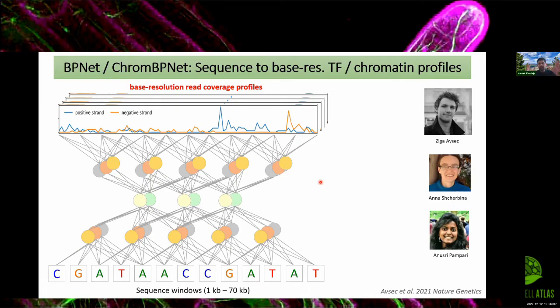Rather than summarizing the quantitative information from read coverage profiles in windows, say 100 base pair windows where you just count the number of reads, we decided to model the data at single base pair resolution. Why? Because the resolution of the assays has improved over time. For example, ChIP-exo gives you these beautiful base resolution footprints, as I'll show you in a few slides.